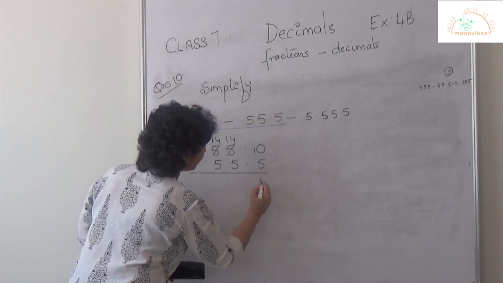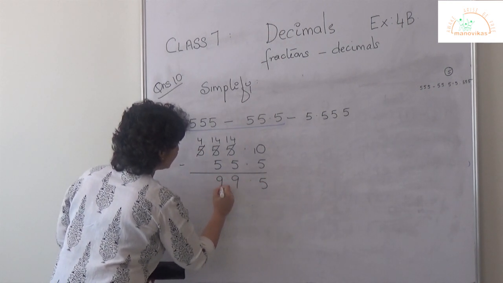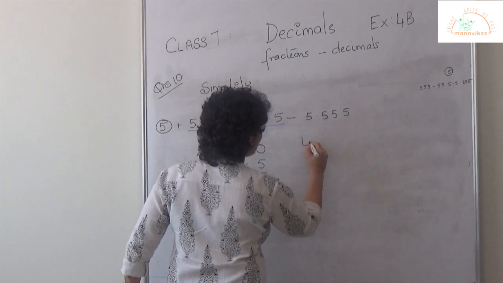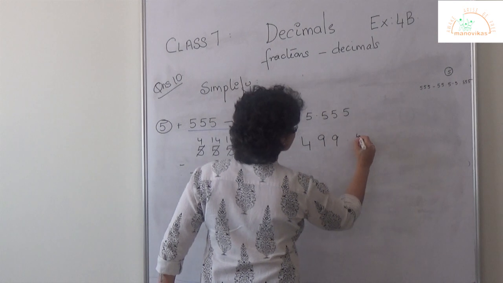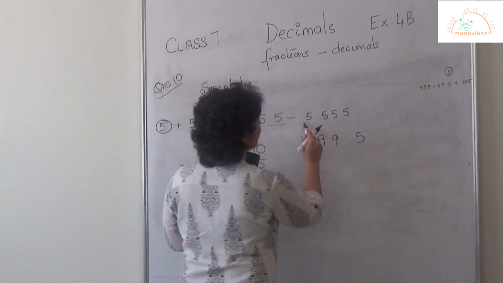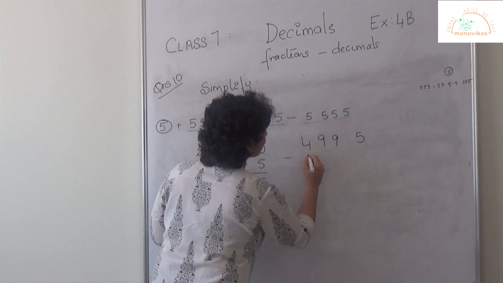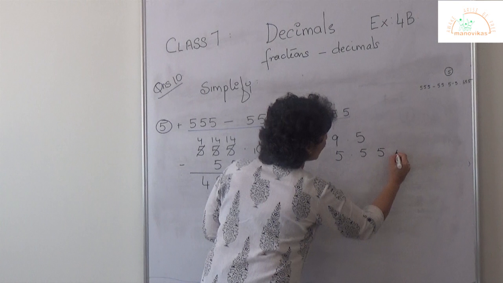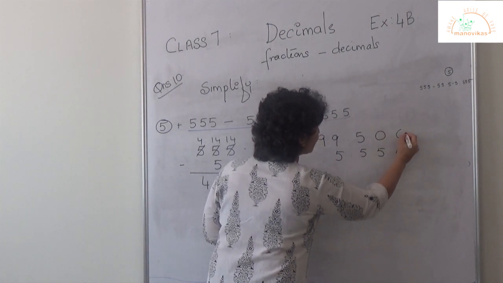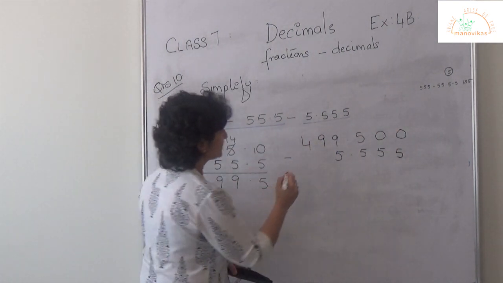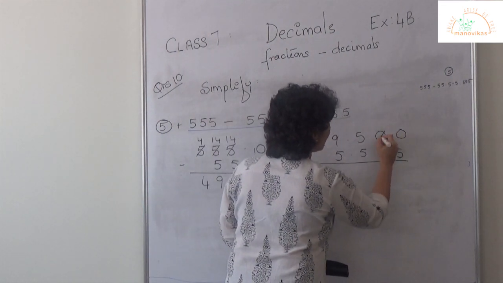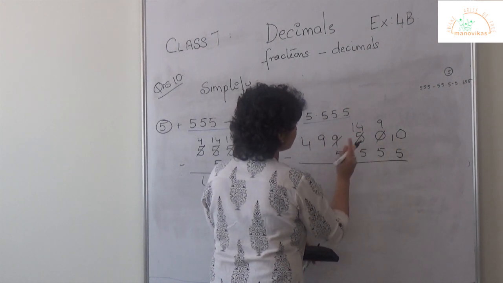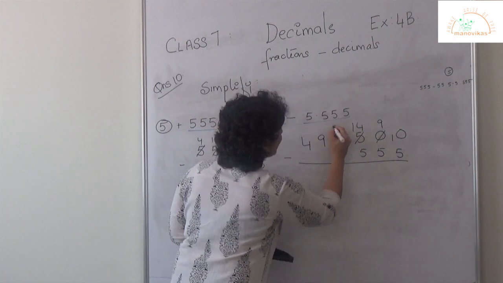So we get 499.5. Let me take this up. And now let's take the next number. Minus 5.555. Don't forget to make them into like decimals. So we put 0 there. Borrow 1. 8, 9.